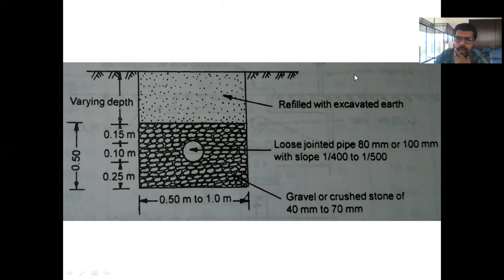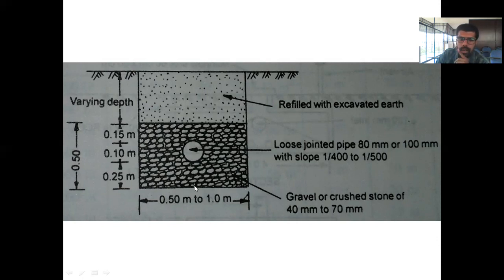Imagine that there is another trench here, and the distance between the two trenches is 2 meter. What will be the center to center distance between the two trenches? From here to here it will be 0.5 meter if the total width is 1 meter, correct?